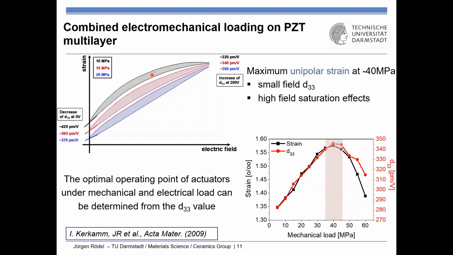I apply 10 megapascal, it's like this. 20 megapascal, I push everything down further, but with the electric field, I pull most of it up again. That means there is an optimum stress for strain in d33 to get the most strain and to get the most piezoelectric coefficient out of it. That's one of the reasons why you run an actuator under a mild compressive stress.